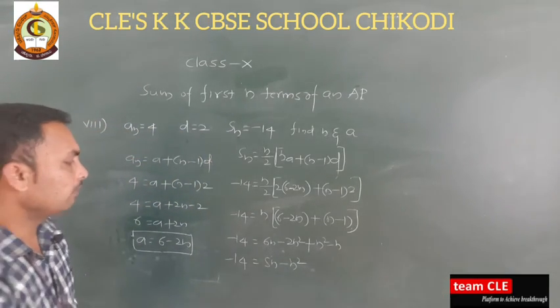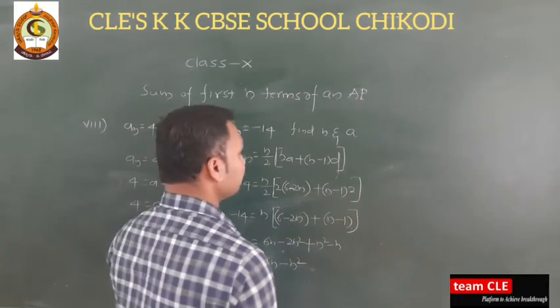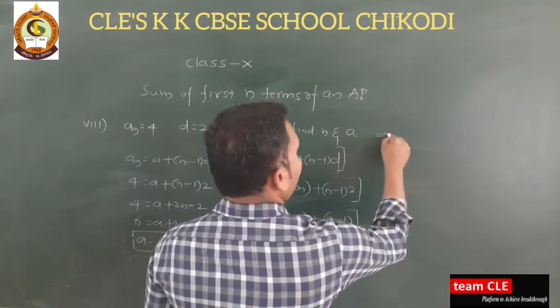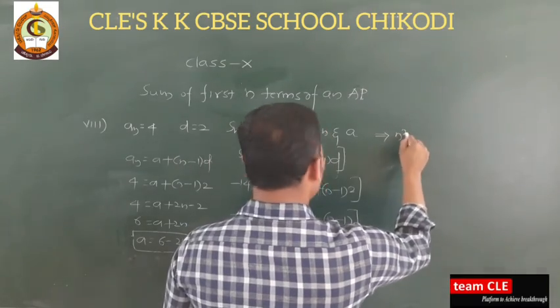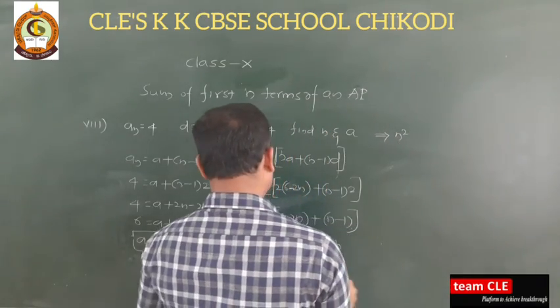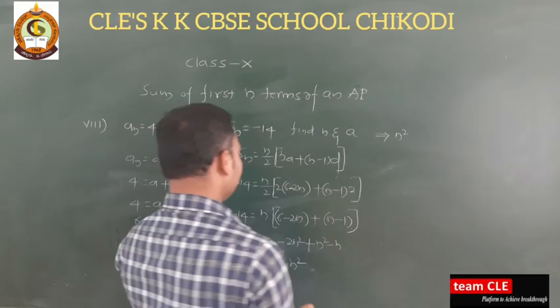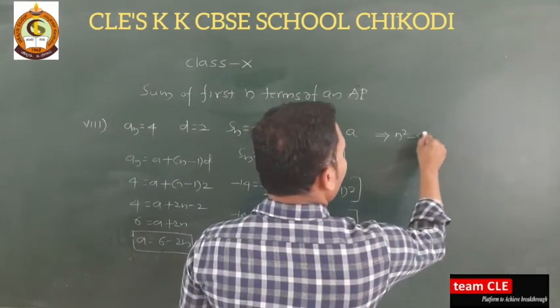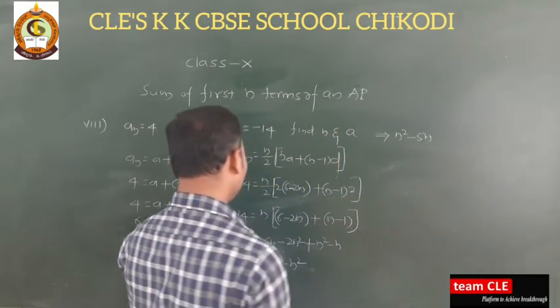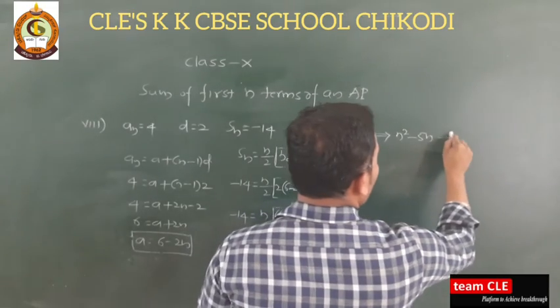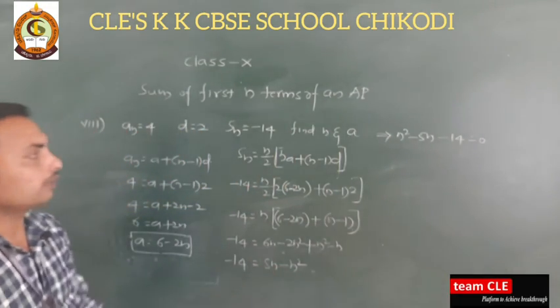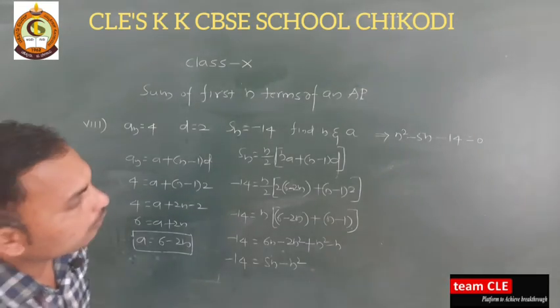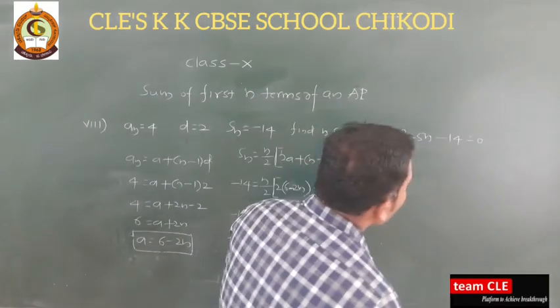Well, now we will arrange the terms again. So once we arrange the terms, this becomes n square. We will take these quantities into this side. This is n square minus 5n minus 14 is equal to 0.